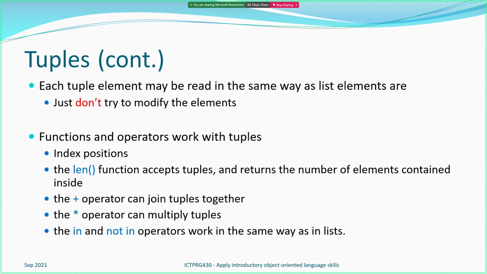Just remember that you're not going to modify the actual values within the tuples themselves. But you can certainly recall all the individual elements at any time, manipulate the values, and inject them into new variables.